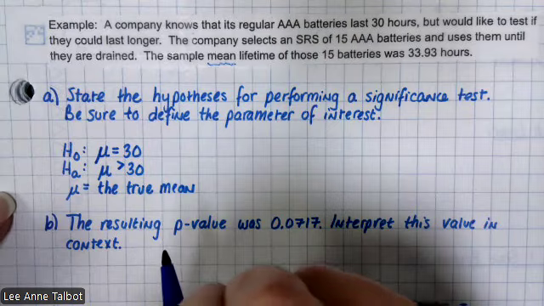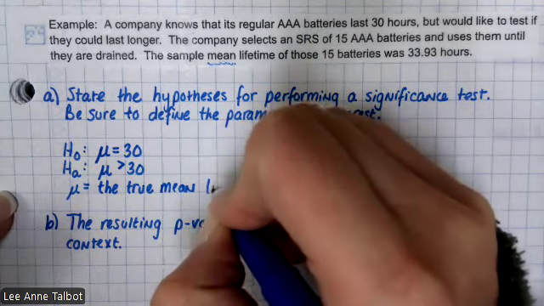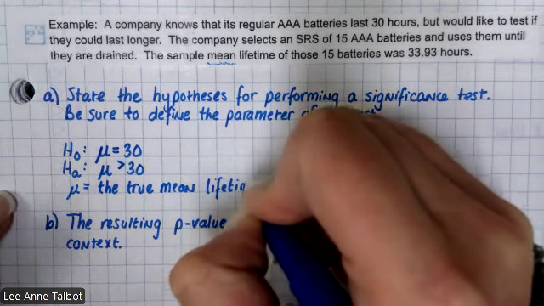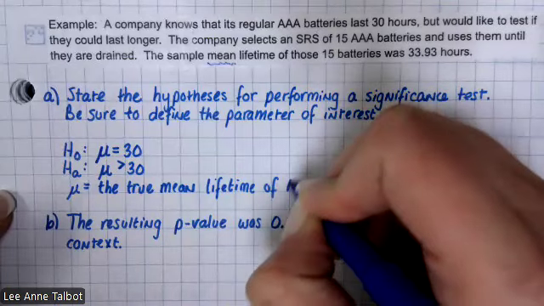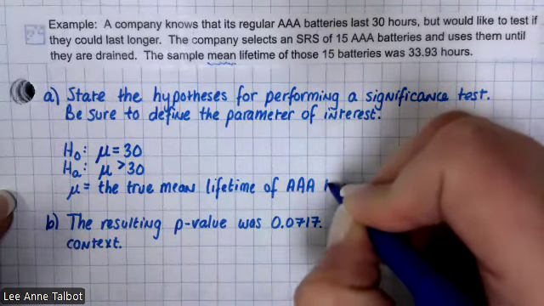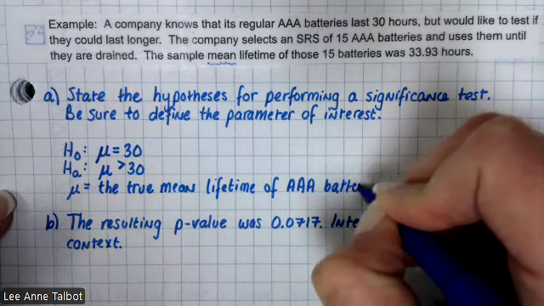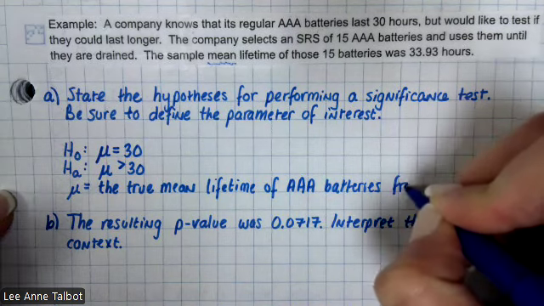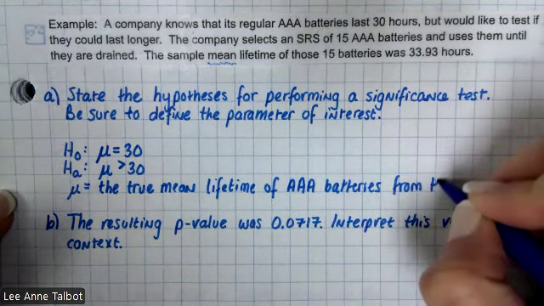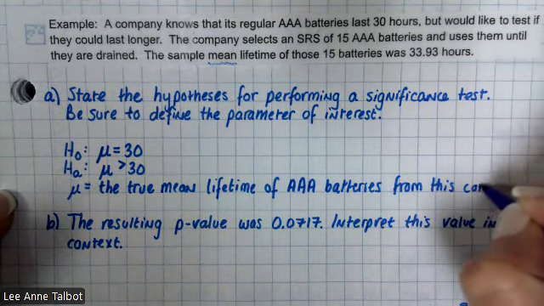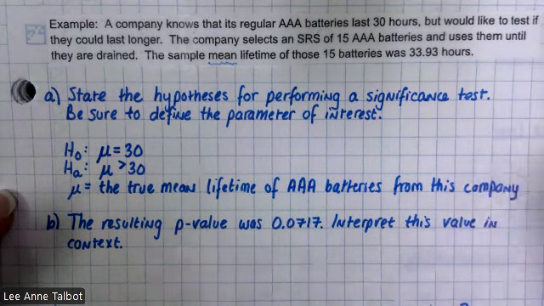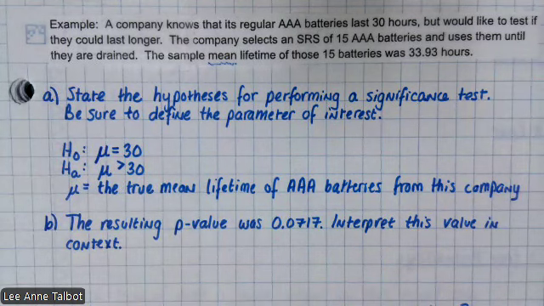And I guess we should probably say from this company, because I'm pretty sure Duracell wouldn't really be excited about the Energizer people testing their batteries. Well, they probably do.